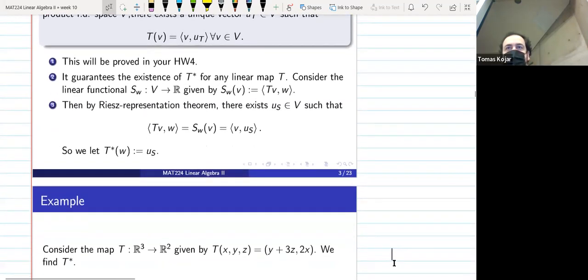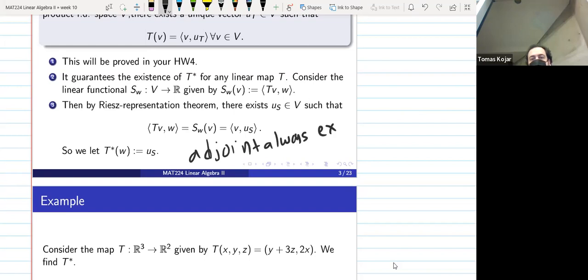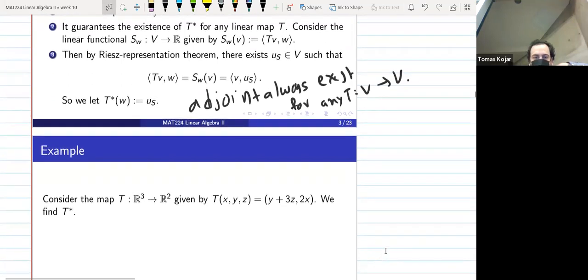Okay, so this is T star W. So it exists, right? The adjoint always exists, for any map T from V to V, which is good to me. All right, let's play with this T star.